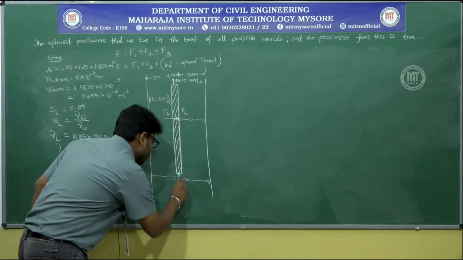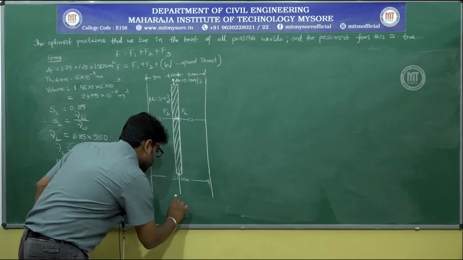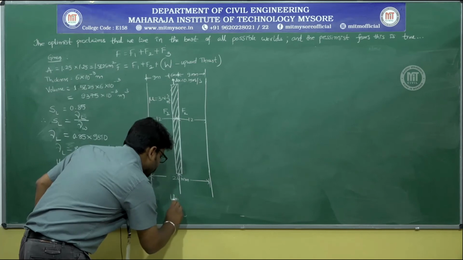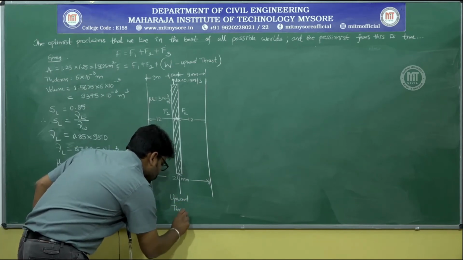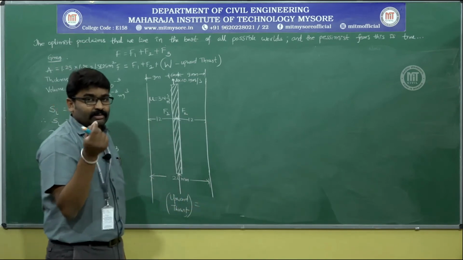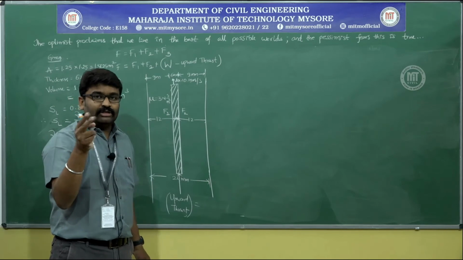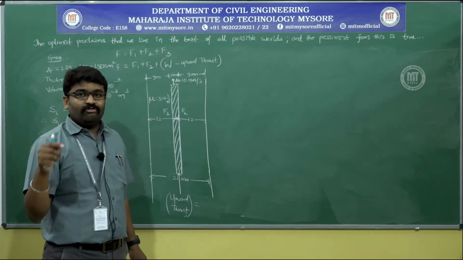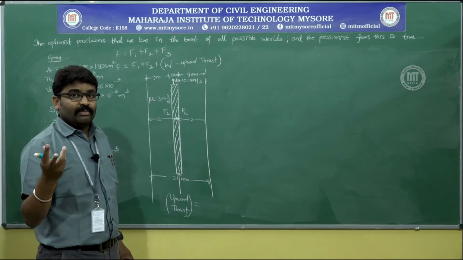Now, we will have to calculate F3, which is nothing but, not F3, but the upward thrust. How do you get the upward thrust? Upward thrust is nothing but weight, and weight is nothing but force, which is hidden in which equation? Specific weight is equal to weight by volume.